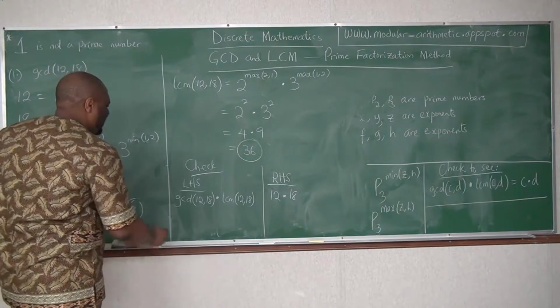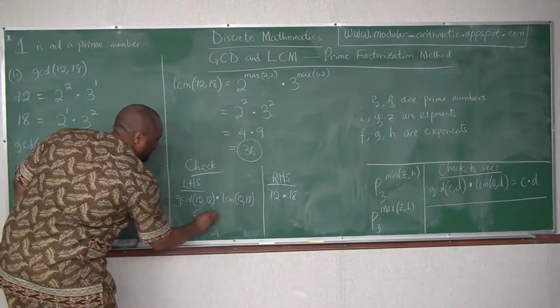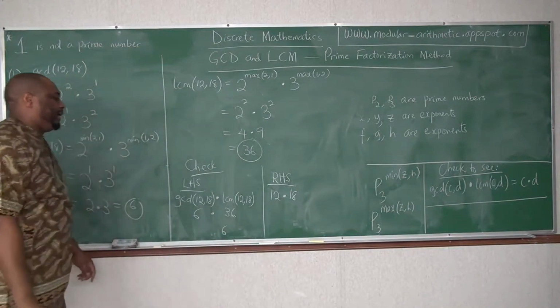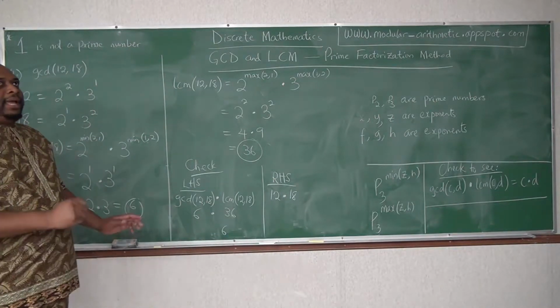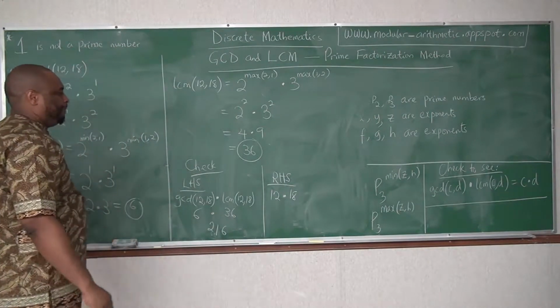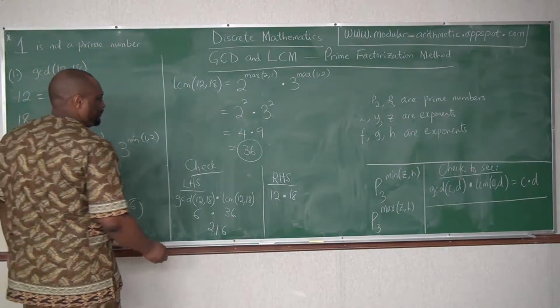So this will be 6 times 36. 6 times 6 is 36, 3. 6 times 3 is 18, plus 3 is 21, so 216. Okay? 216.